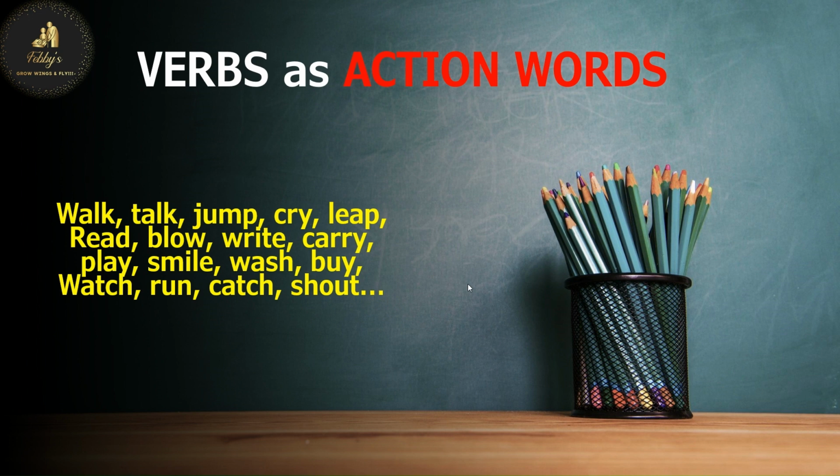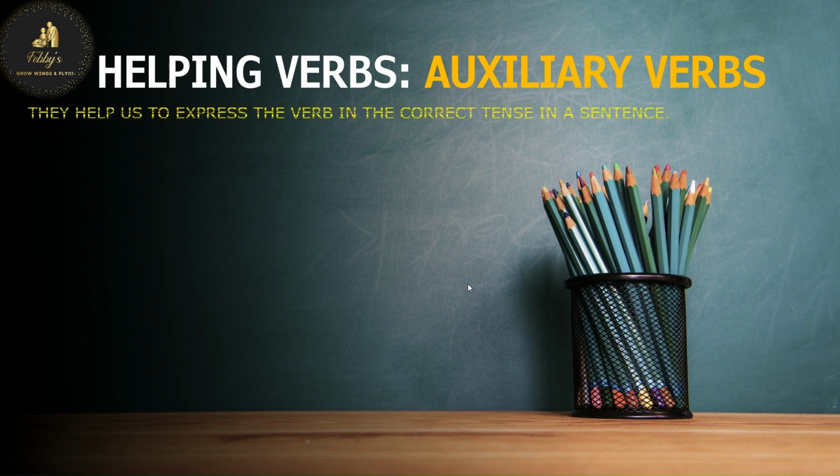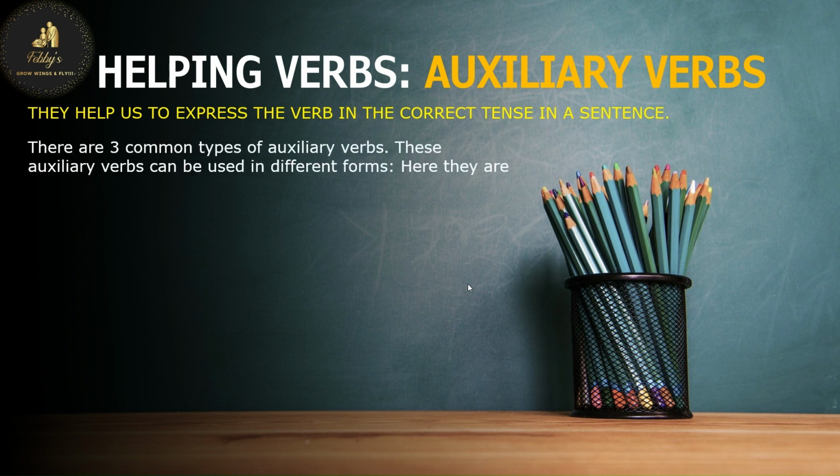We have listed some action words for you. Helping verbs are of 2 types. Let's look at the first one. They are auxiliary verbs. They help us to express the verb in the correct tense in a sentence. There are 3 common types of auxiliary verbs. These auxiliary verbs can be used in different forms.